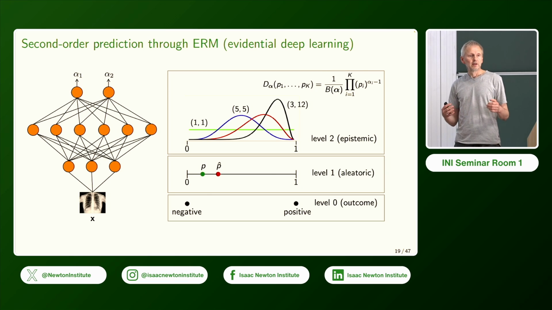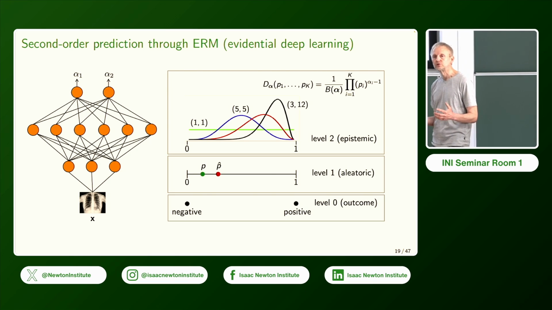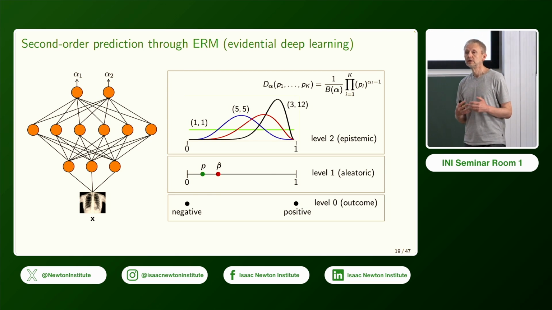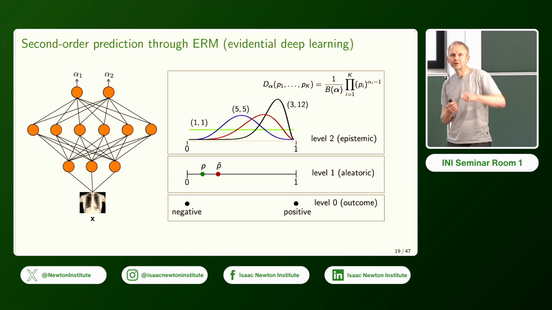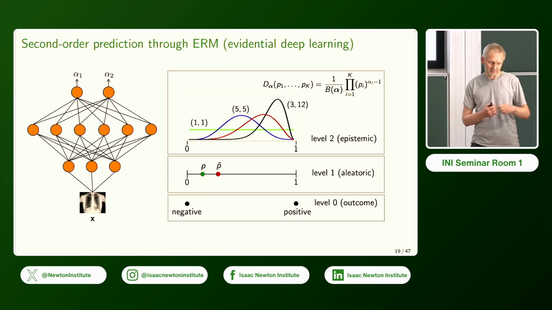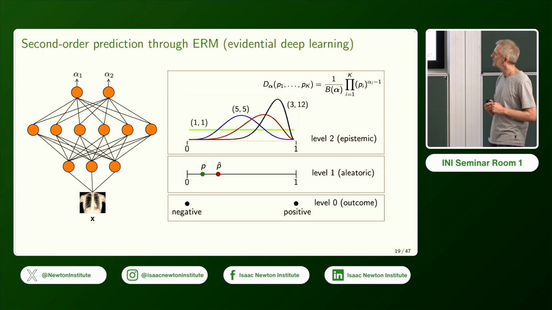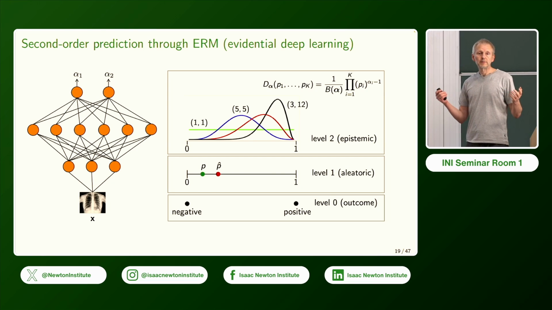Now you could say Bayesian methods are so expensive computationally. Can't we train a second-order predictive model in a more efficient way, and maybe not do this detour via turning a prior into a posterior and so on? Can't we maybe just do the standard thing that we typically do in machine learning and do risk minimization?